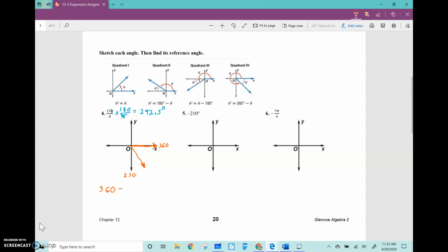So I'm going to subtract 292.5 from 360, and I end up with 67.5 degrees as the reference angle.